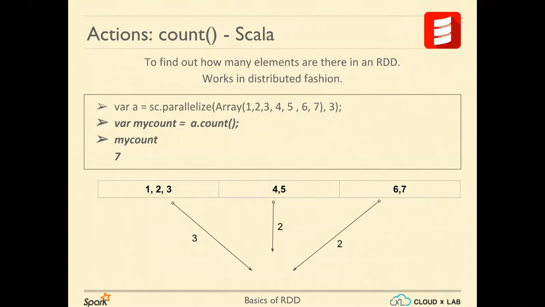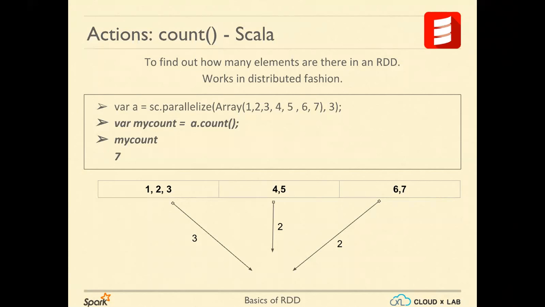We are going to discuss partitions in a little bit more detail when we talk about optimizing Spark applications. Right now it is important to understand what is meant by partition. Every RDD has partitions, and by default Spark decides the partitions, and we can later on change the number of partitions. So here, the RDD is having 3 partitions.